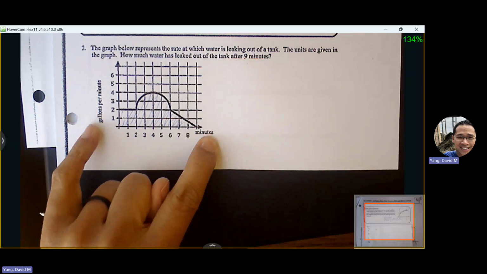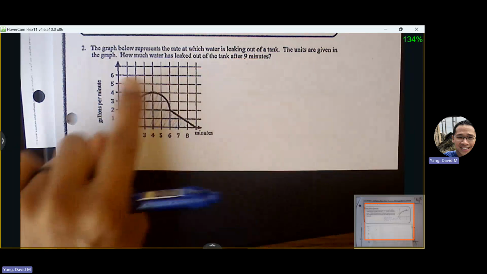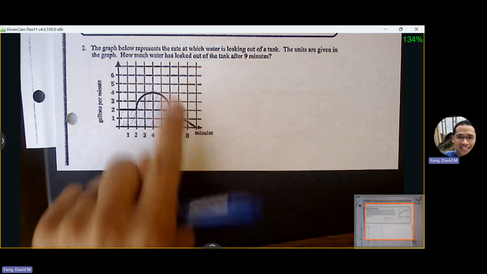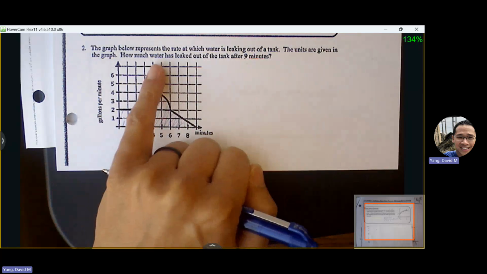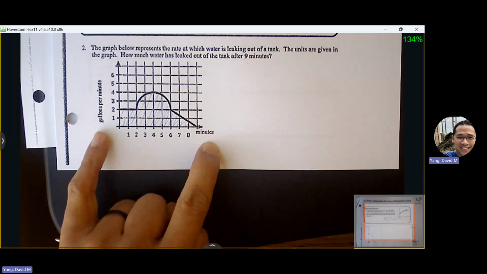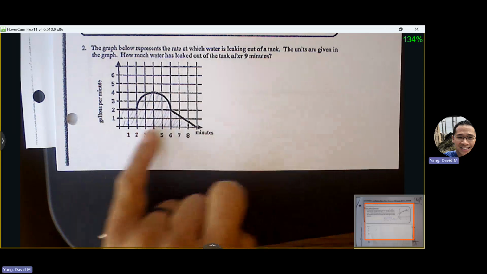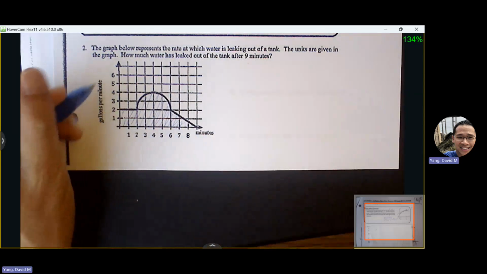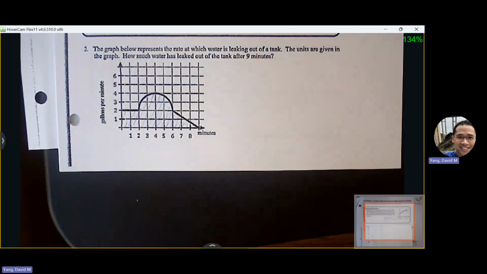So gallons per minute times minutes, if we accumulate this over a period of time, we're going to be able to figure out exactly how much water has leaked out. Because we're involving area, we're always multiplying our units, and so our starting units will always change.